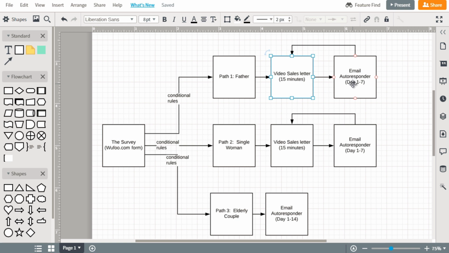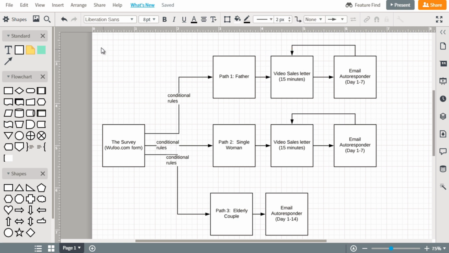And then they receive an email from day 1, day 2, day 3, day 4, day 5, day 6, and day 7. So since there are 7 days. And the email autoresponder series will then, of course, sell and redirect them back to the video sales letter.